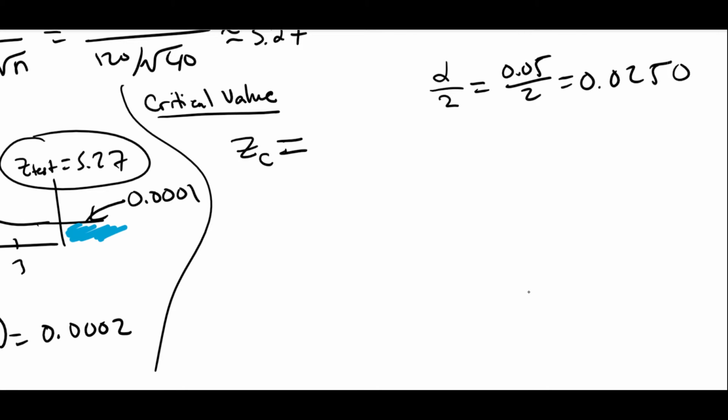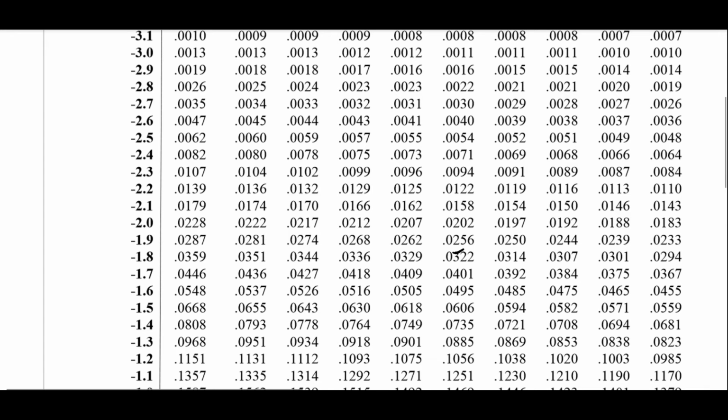Okay, that's my area. So that means I'm going to look up this area, and then I'm also going to get a z-score for that. Now, because it's two-tailed, I know I'm going to have a plus or minus version of that. I'm going to look up an area that is as close to this as possible. So let's go to the z-chart again.